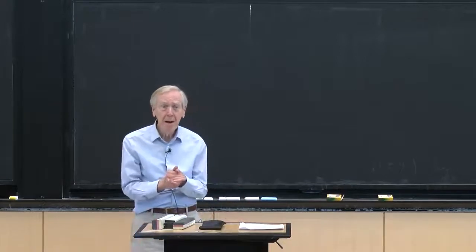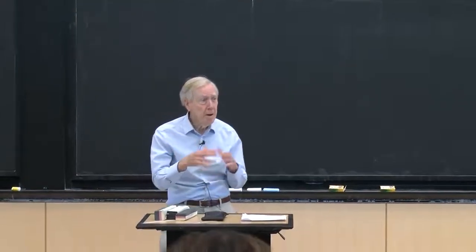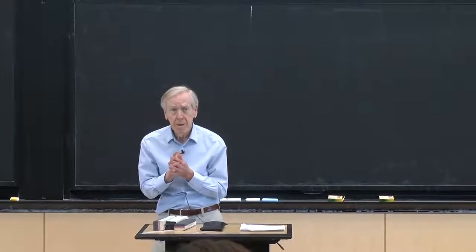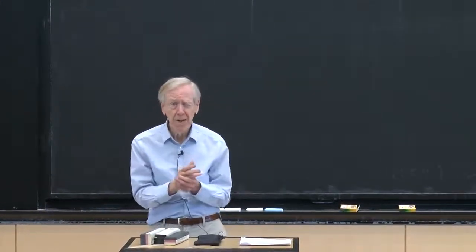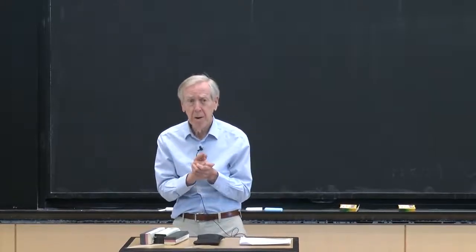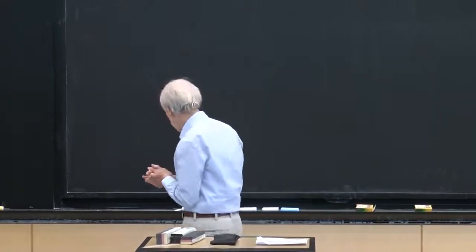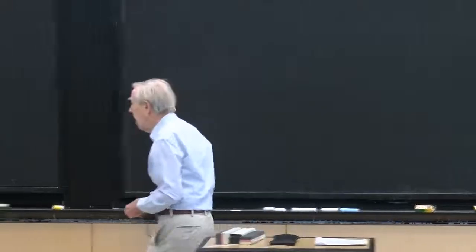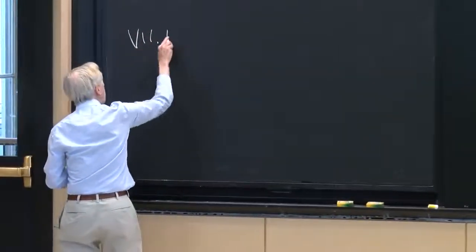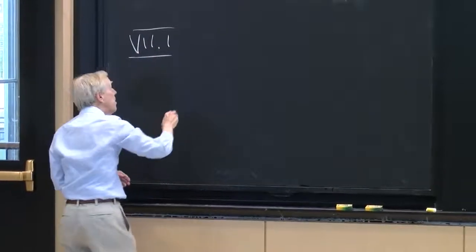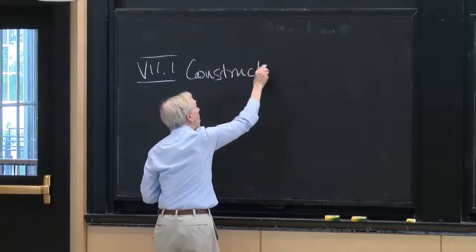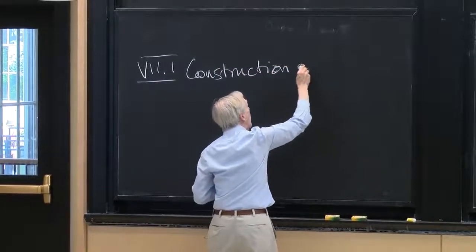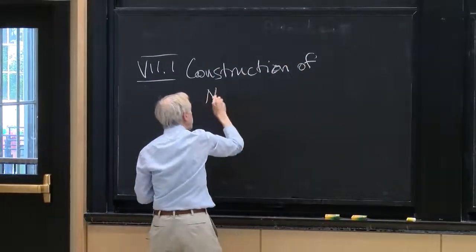But I do have an important topic, which is a revised version about the construction of neural nets, the basic structure that we're working with. That's on the open web, section 7.1, construction of neural nets.